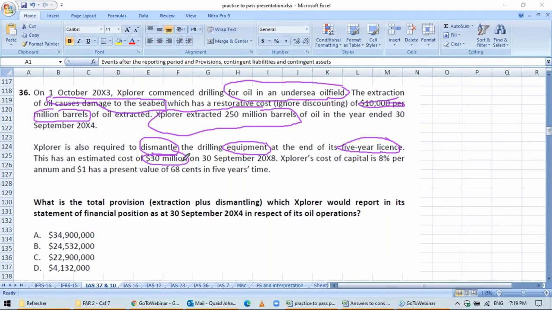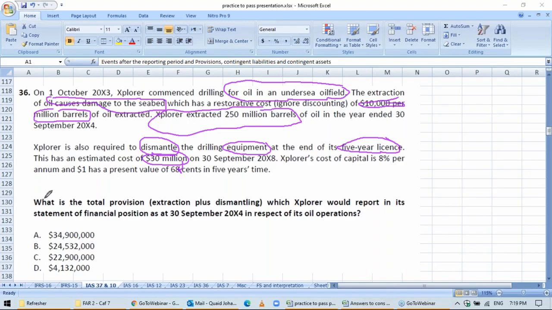So you will multiply the 30 million with 68 cents. So every $1 is equal to 68 cents now. Every $1 that will be paid in 5 years' time is right now how much? It is valued at 68 cents in terms of present value. So now what shall be the liability?